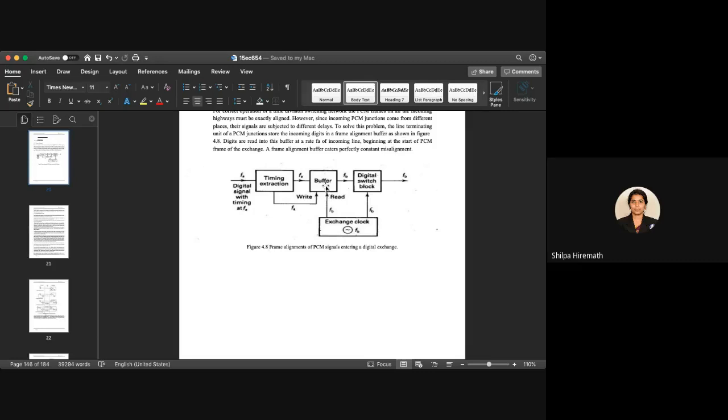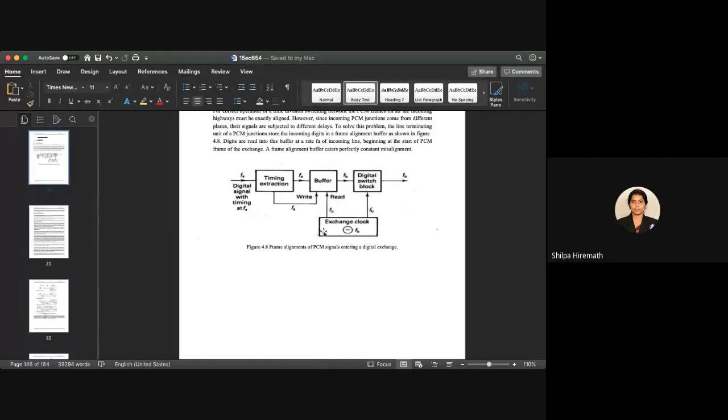If there is a perfect match, then it is directly sent. If there is a mismatch, it means that alignment is required. It means that whatever has entered the system, or the exchange, has to be delayed with respect to the exchange clock frequency that has been attached to a single exchange.